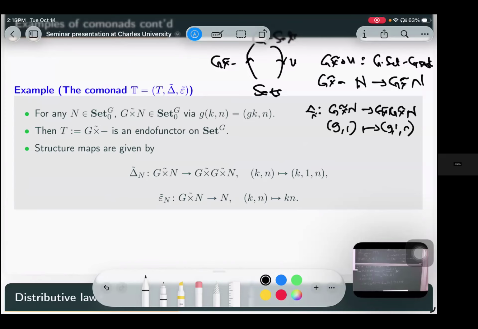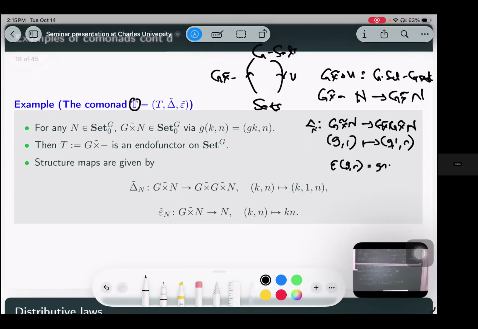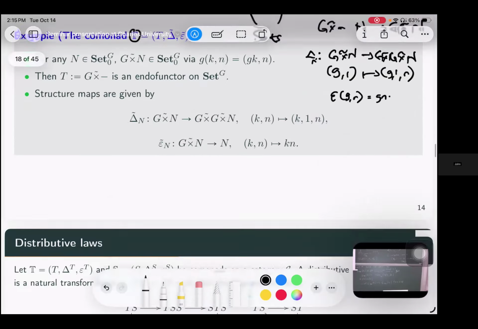So the one is not in front of the G, it is after the G. It is one there, and then the epsilon will just act, so they just apply the action of G on it. So this comonad T comes from the adjunction between sets and G-sets.